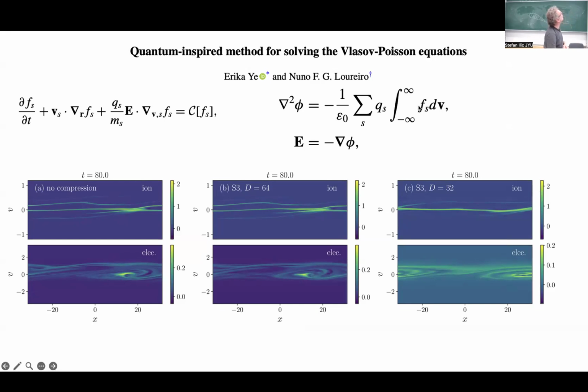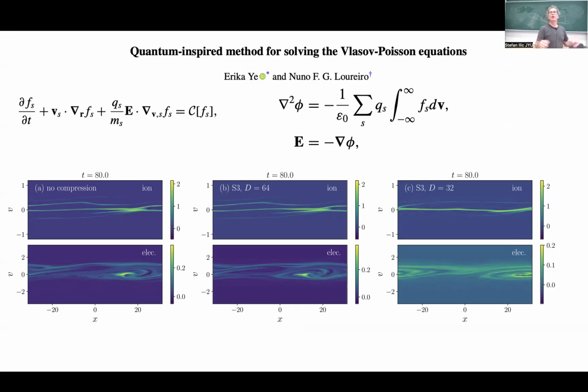So f is the probability to be at position r with velocity v. If you integrate over v, you will get the density of charges at position r. This is the kind of equation you write typically for a plasma, like a classical plasma.